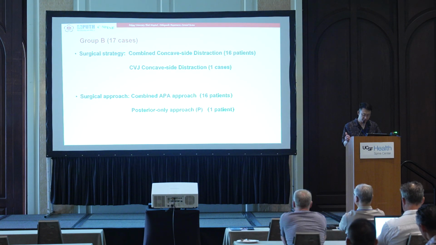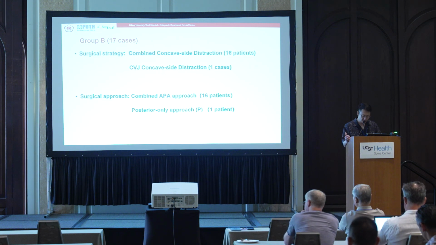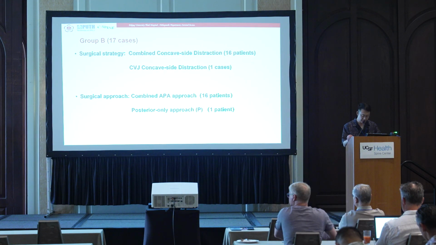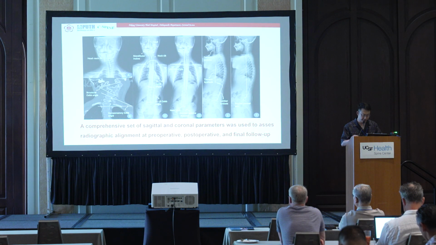Moreover, for patients with CVJ deformities requiring anterior release, the first anterior release can address both the CVJ region and the lower cervical segment. That first phase of anterior release can make the next posterior distraction safer and more effective in the next stage.